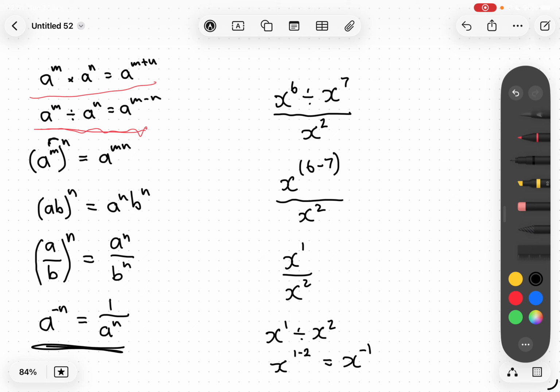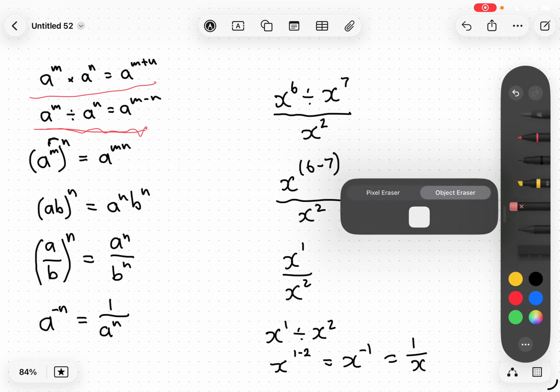Now that looks like that one, so now we can just write that as 1 on x cubed. There we go. Okay, let's try another one.